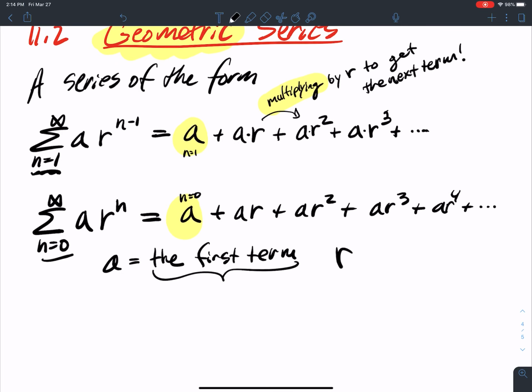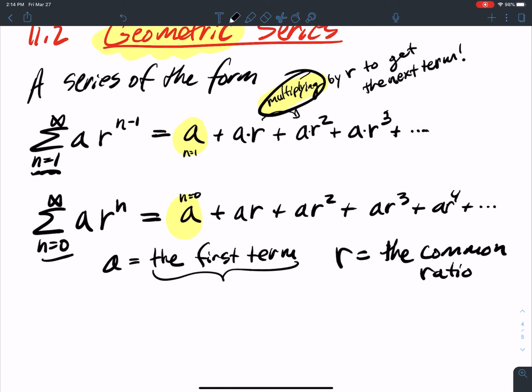The r is the common ratio. This is what I multiply each term in the sequence by to get the next term, and then when I add all those terms together in the sequence, it becomes a series. The common ratio, not ration, so ratio.